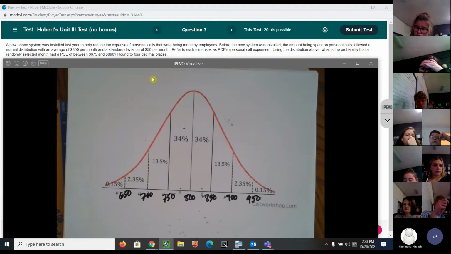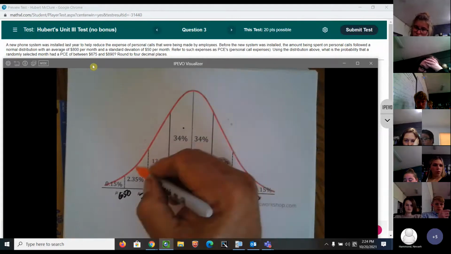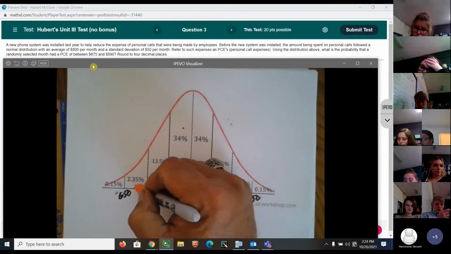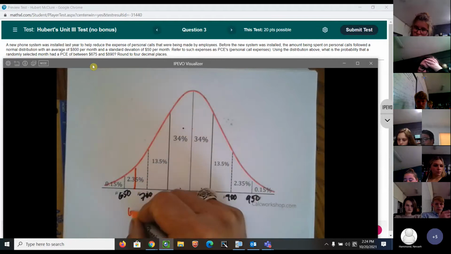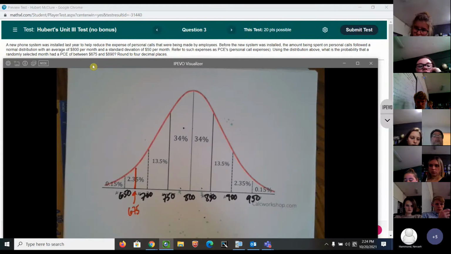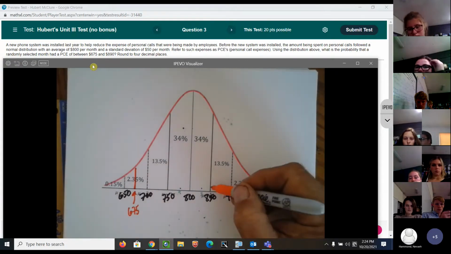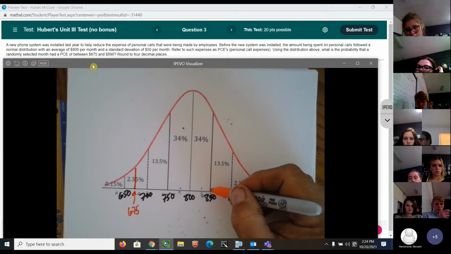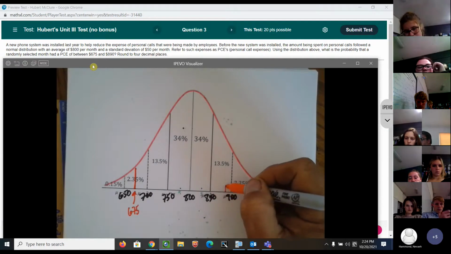Refer to such expenses, personal call expenses, using the distribution above. What is the probability that a randomly selected month had a PCA between 675 and 890? Let's see, 675 would be right here, and 890 would be probably right in here.